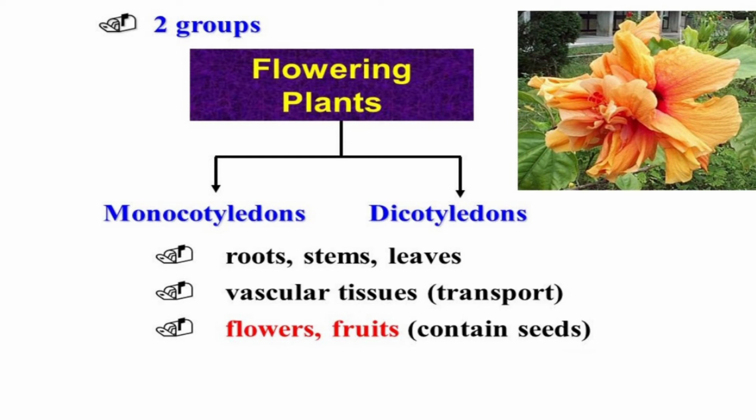Those are, for example, mango, guava, jackfruit, etc. These plants are also called spermatophyta because they carry sperms. This category includes vascular plants, which are further divided into two subcategories, for example, gymnosperms and angiosperms.